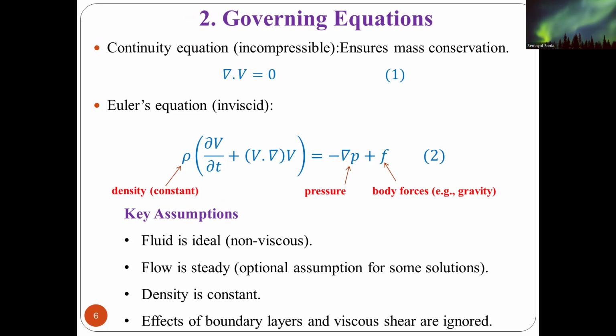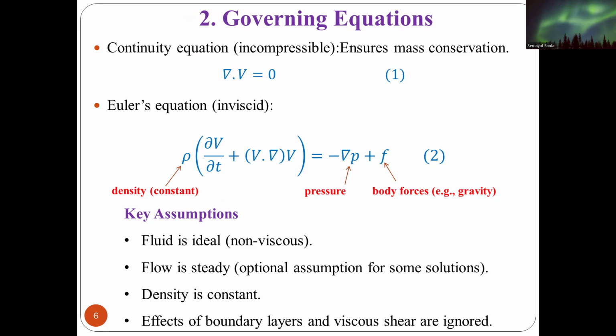So what are the key assumptions throughout the discussion of this lecture? One is that the fluid is ideal, non-viscous, and the flow is steady. That means the rate of change of flow field variables is zero, and density is constant, so there is no density variation.